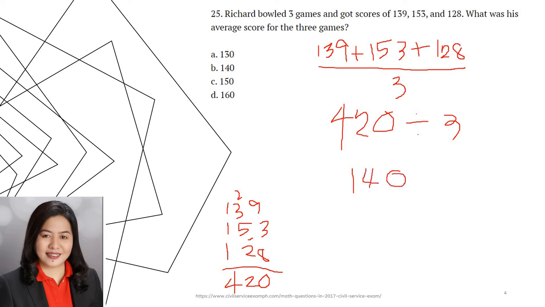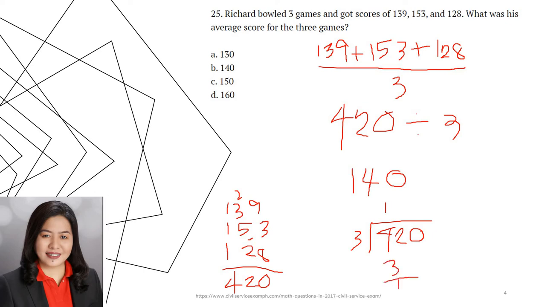140. You can actually check it if you are not sure. That's 420 divided by 3. So that's 1, and that's 3.